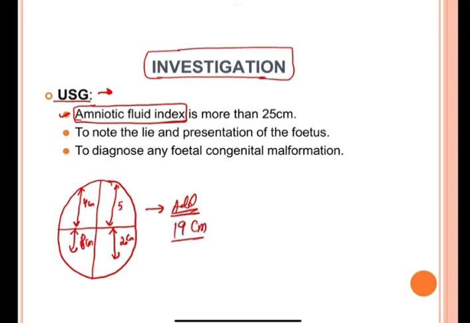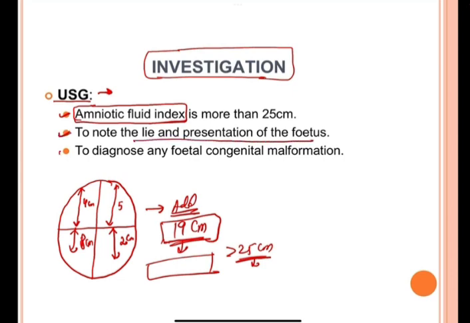So 19 centimeter. So this is normal. If the sum of all 4 quadrants is more than 25 centimeter, then we presume that the patient has polyhydramnios. What else can we find on ultrasonography? We can see the lie and presentation of the fetus, and also we can see any congenital malformation if the baby has.